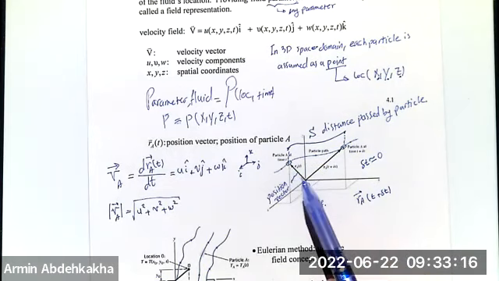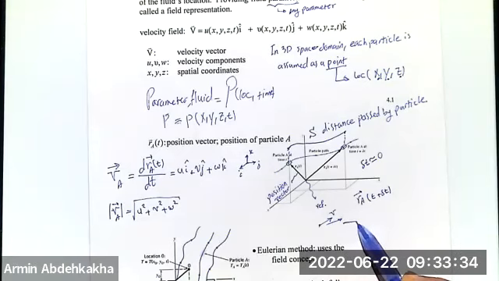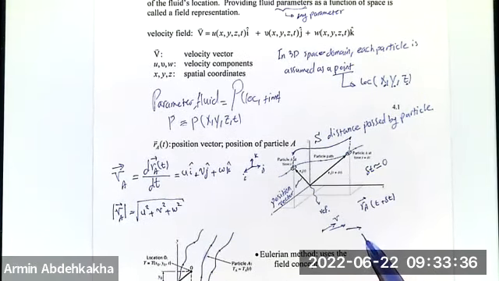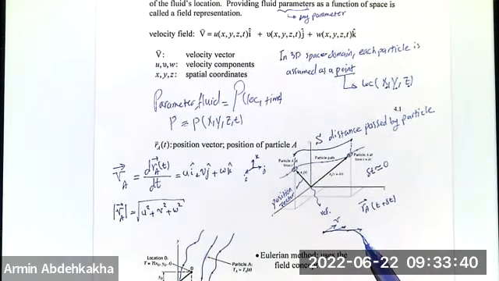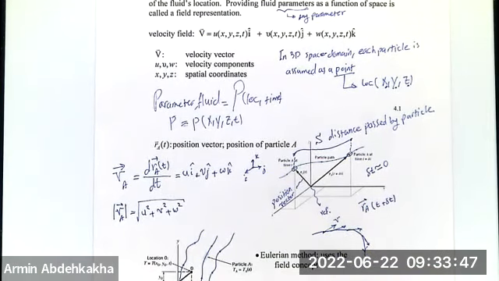And if you wait till the second point and find the second velocity point, this is going to be here, and maybe here, and maybe here, right? And now if you add these points together, then this would be your streamline. That's where you find the streamlines.